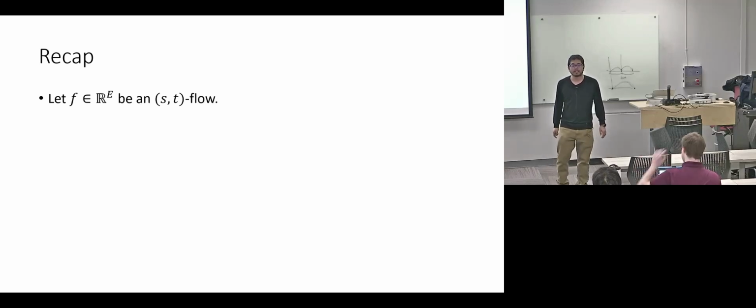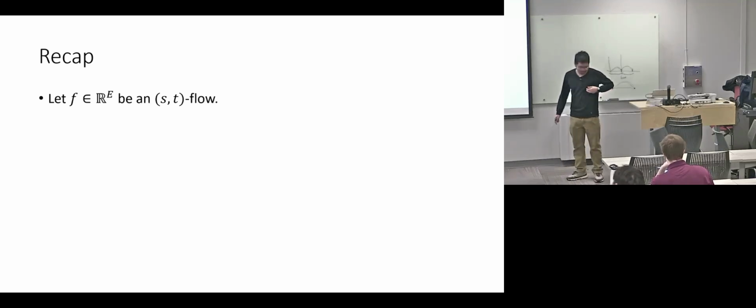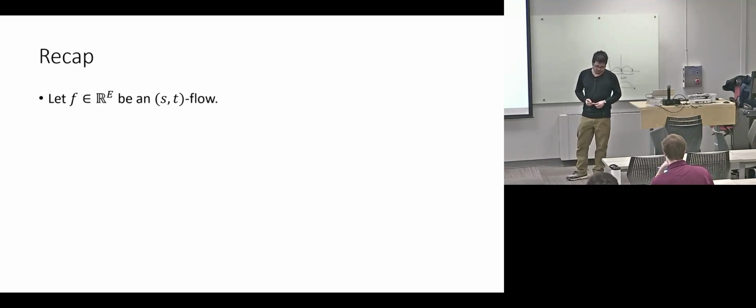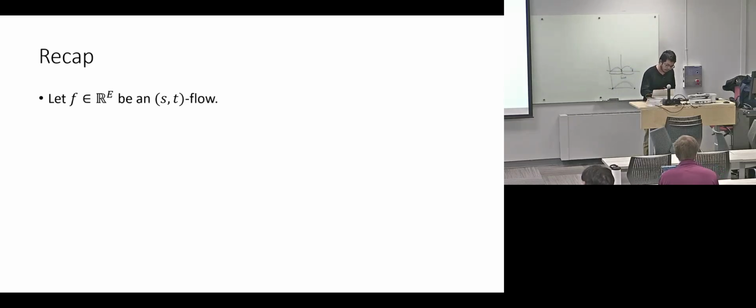And also, it should be the same as without. Exactly, good. Thanks, Maxim. So we need a capacity constraint, that's one. Another one is flow conservation, right? That's what it means to be an ST flow.